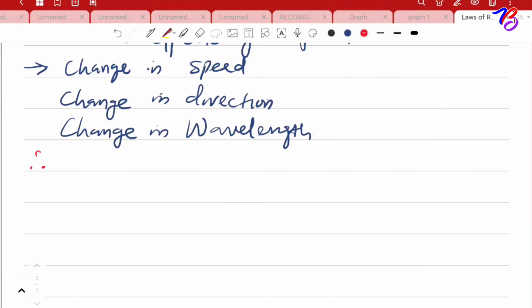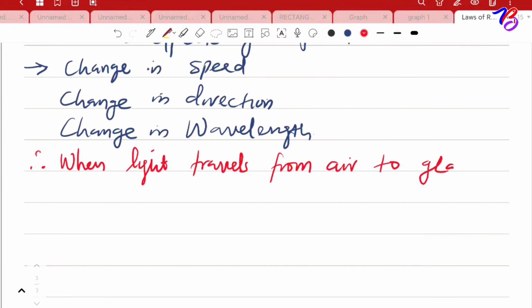Now, if we capture speed, when light travels from air to glass.